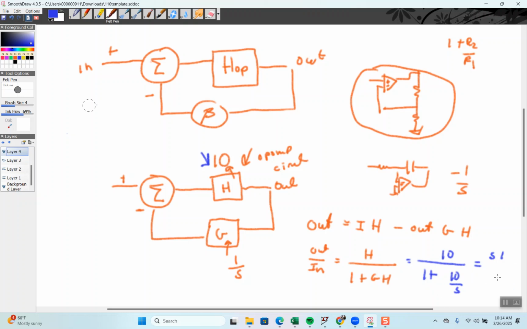And so I get a high pass filter with a gain of 10 and a cutoff of 10 radians per second.